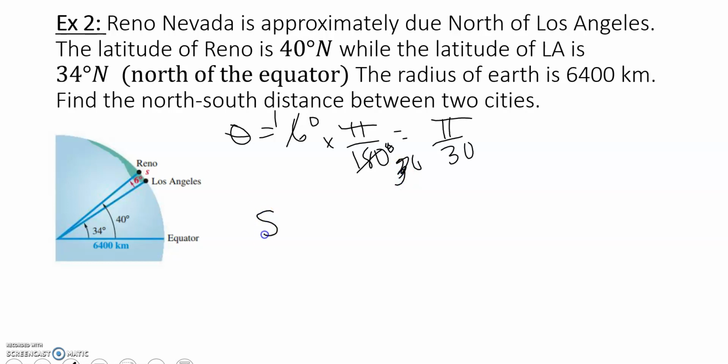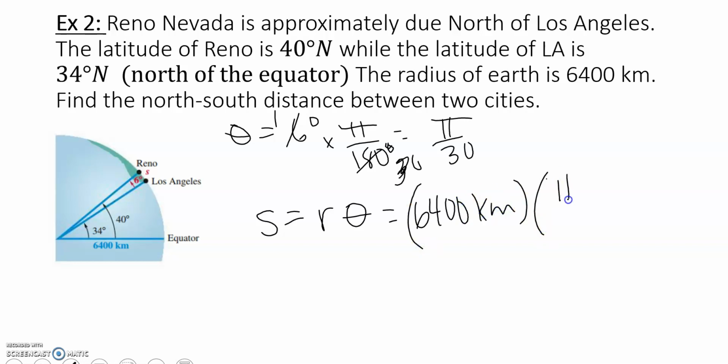And so now we will find our arc length. Our arc length would be r times theta. Our r is 6,400, and that's kilometers. And then our theta is pi over 30. And so this is what we will plug in our calculator. We will do 6,400 times pi and then divide that by 30.